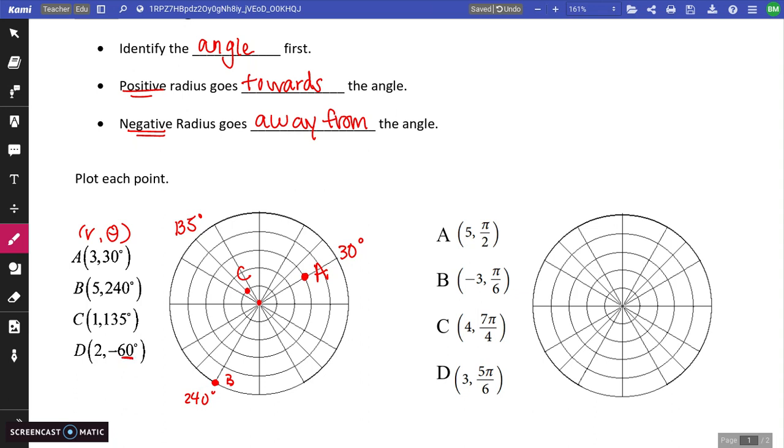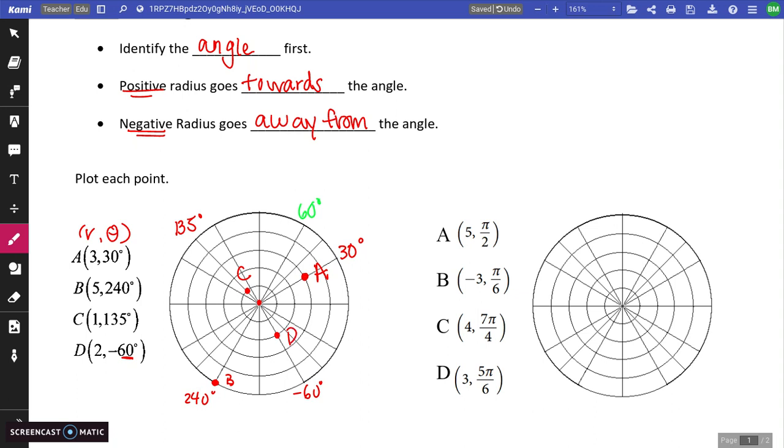So if I have a negative angle, I'm going to start by finding positive 60 degrees. Positive 60 is in quadrant 1. We know negative and positive angles are directly above and below each other. So if the positive angle is in quadrant 1, the negative version of that angle will be in quadrant 4, in like the same corresponding spot. And then I'm going to count 2 units towards that angle.